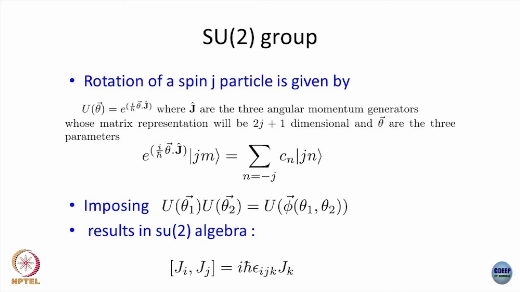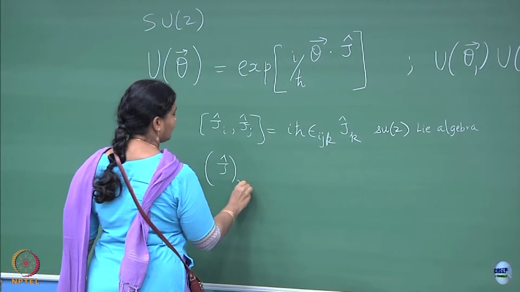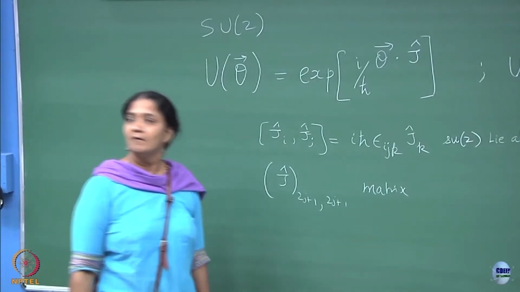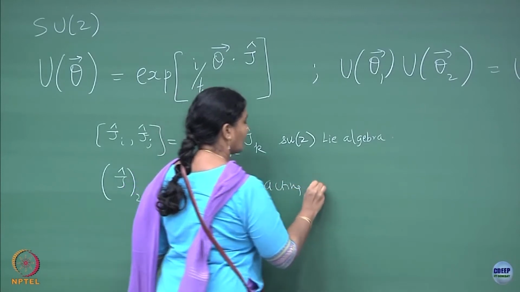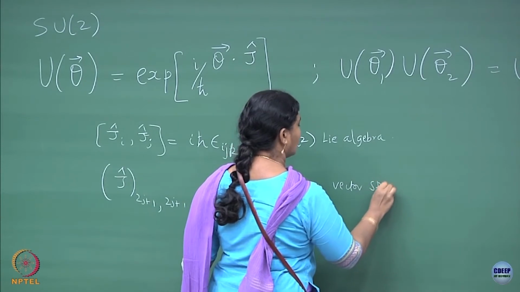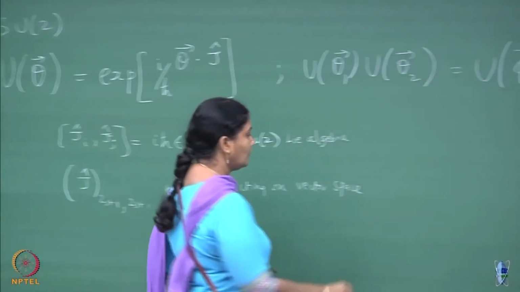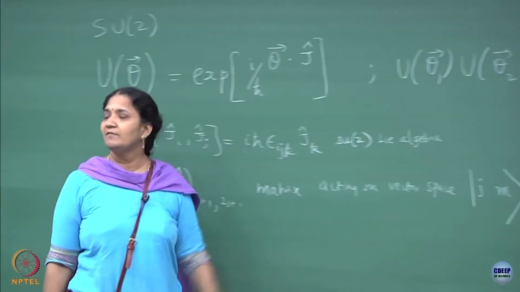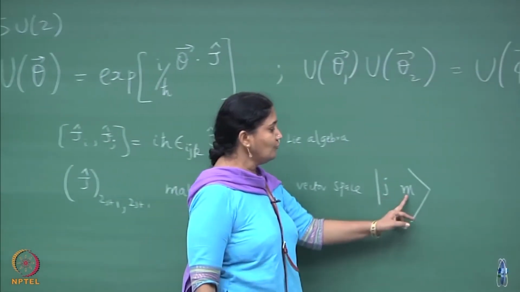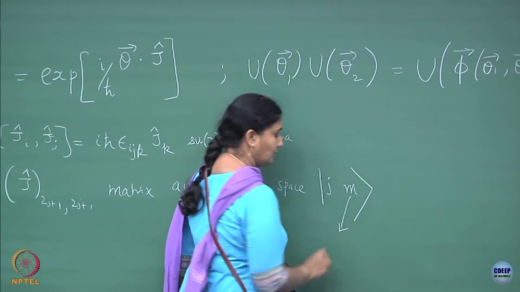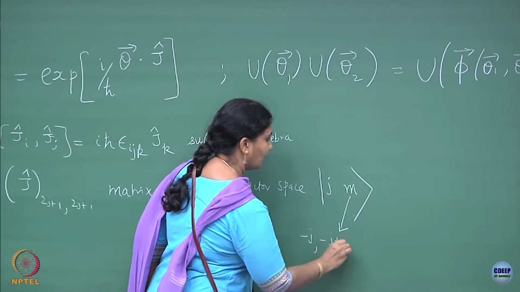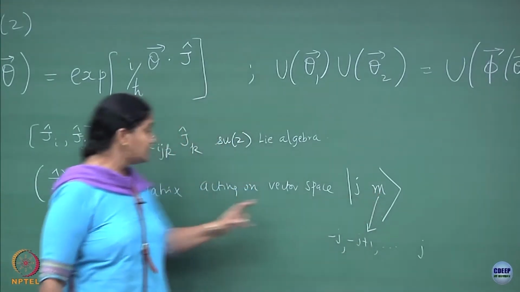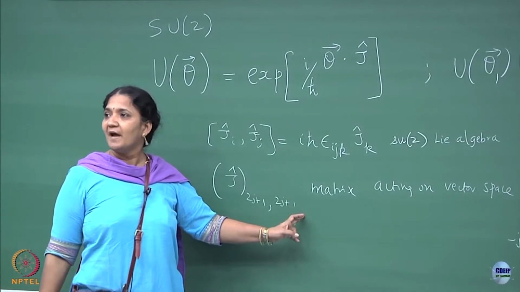So I said that J hat is a 2j plus 1 cross 2j plus 1 matrix acting on a vector space, whose states are formally written, as you all know, as J and M. We'll come back to why we add two numbers here, but this M takes values from minus J up to J. So there are 2J plus 1 states on which this 2J plus 1 cross 2J plus 1 matrix acts.